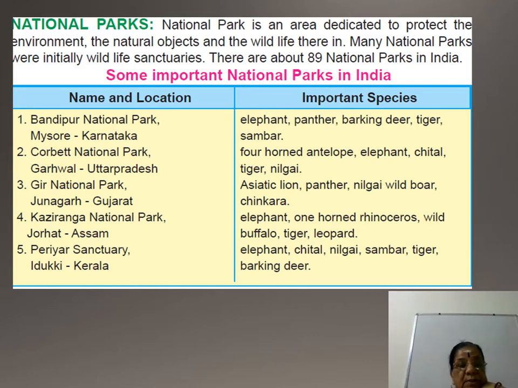Gir National Park, Gujarat. Kaziranga, Assam. And Periyar Sanctuary in Idukki, Kerala. I hope you understand. The important species present in these, go through the panel. This is national parks in India.